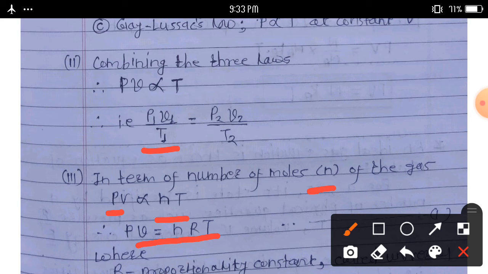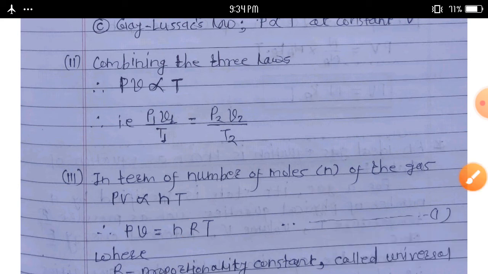Consider this equation 1. This equation we consider as the ideal gas equation.